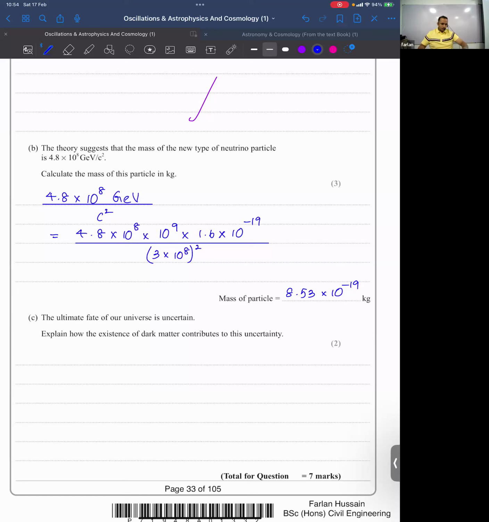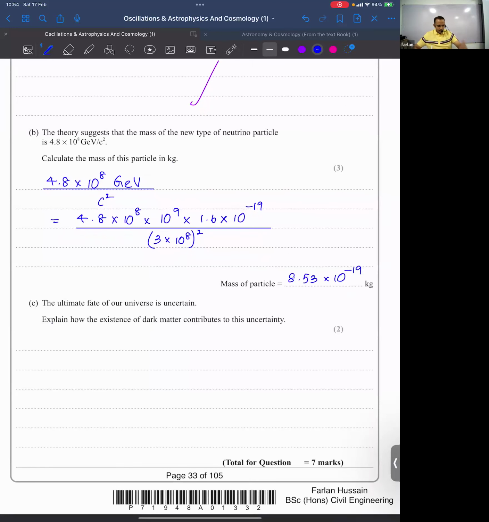Okay, right. Here's part C. The ultimate fate of our universe is uncertain. Explain how the existence of dark matter contributes to this uncertainty. Write the answer.